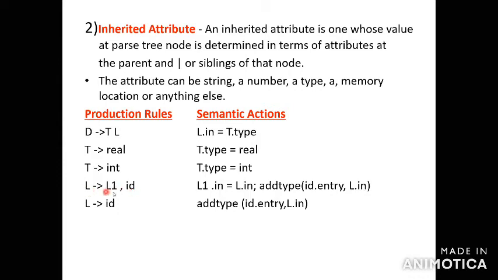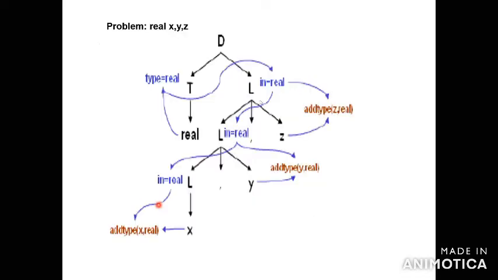Because L tends to L1 comma id, L can be changed to id, so you can use this production rule, L tends to L comma id.